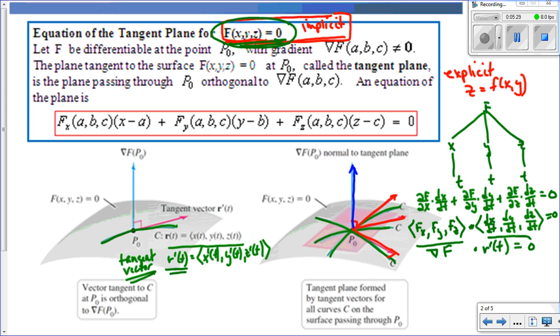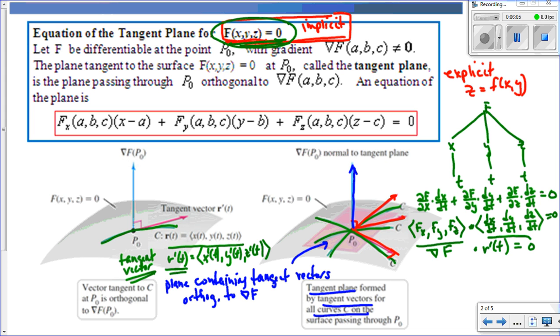The plane containing all those tangent vectors will be orthogonal to the gradient. Okay, that plane is called the tangent plane. So the tangent plane is formed by taking the tangent vectors for all the curves C that pass through the surface through the point P naught.